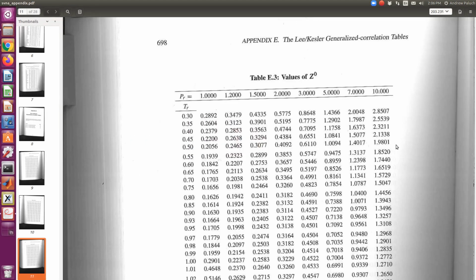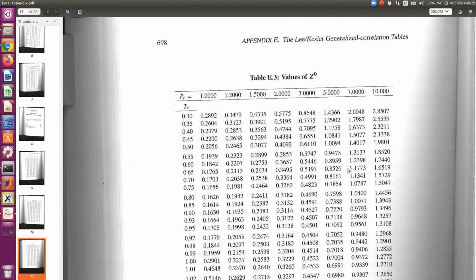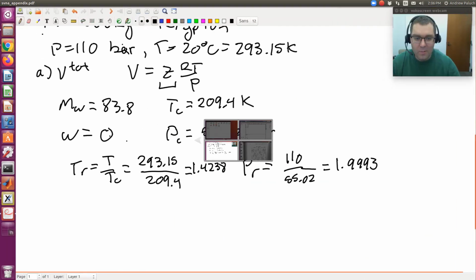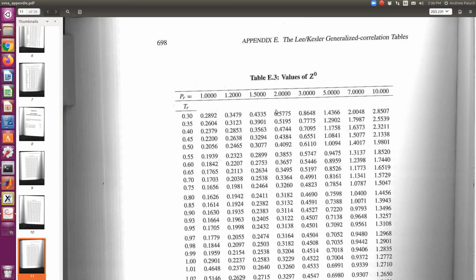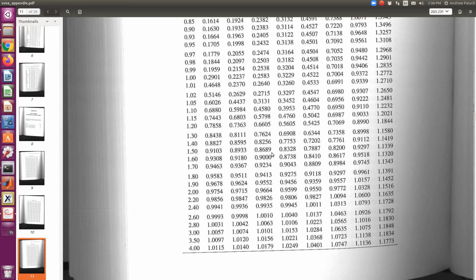So since you look at the Lee Kesler tables, technically it's rounded to 4 decimal places, so I suppose we could do it. Okay. So essentially what needs to happen is my pressure is going to be between 1.5 and 2. Okay. And then if I go to my temperature axis, 1.4238. Okay, so there's 1.4, 1.5. All right, so my value is going to be somewhere in between here.